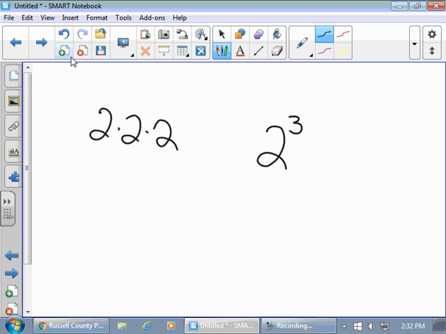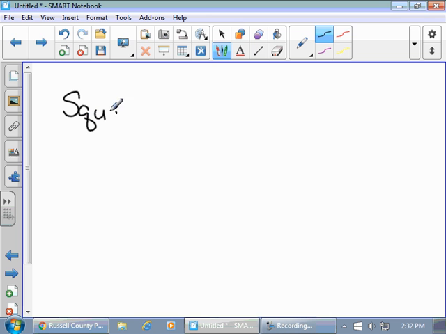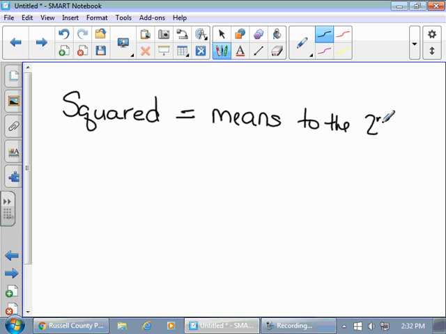Okay? Now, here's a few key words when we talk about exponents. Square. Something squared means to the second power. And what that means is I have an exponent of 2.